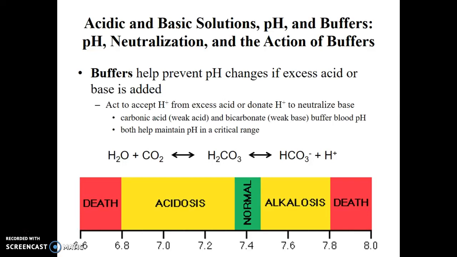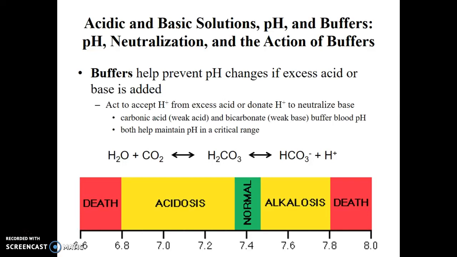Anything below the 7.35 mark is considered acidic. Anything above the 7.45 is considered alkaline or basic. And so we have buffer systems that help maintain our blood pH at approximately 7.4.